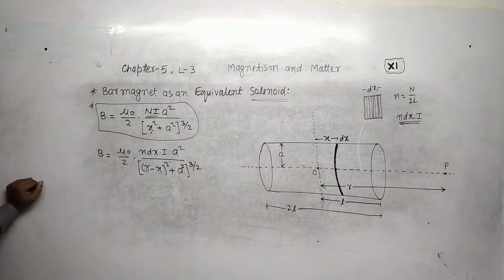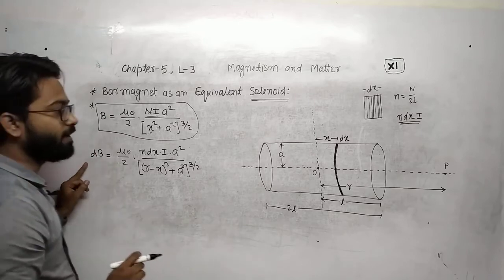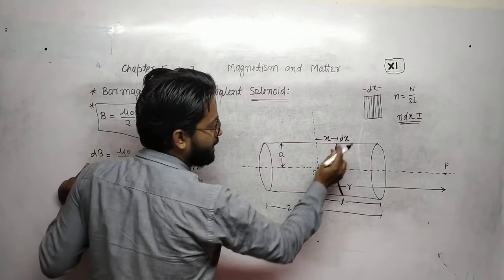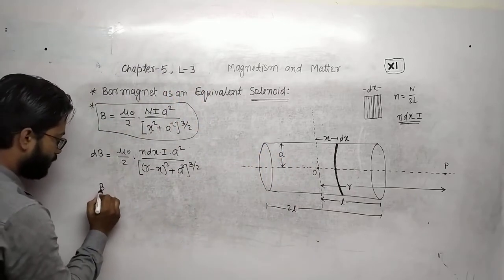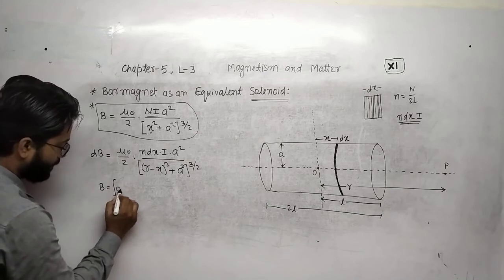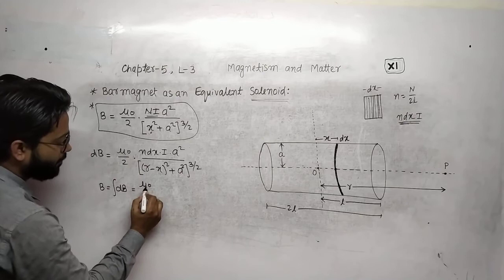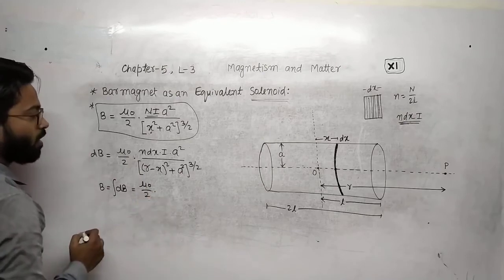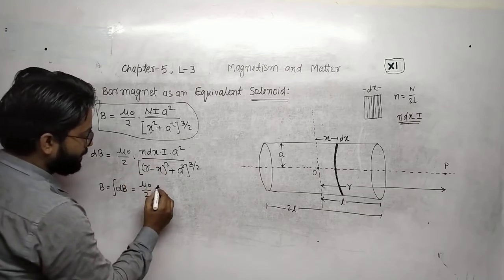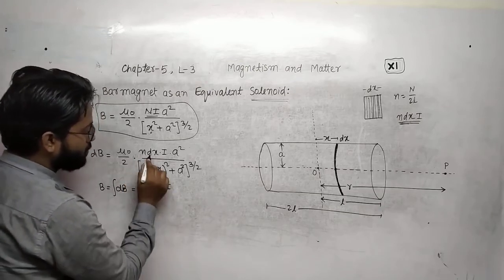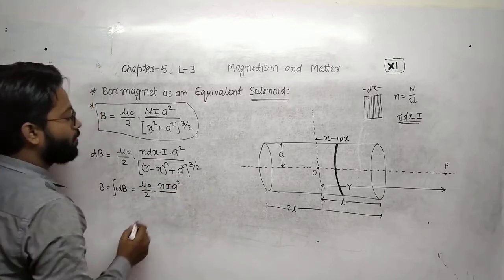Hope you are understanding. Now this is a small magnetic field, because we have taken a small strip. If you integrate, for the total magnetic field, dB equals, constants are mu naught by 2, n dx, and dx is not constant, n I A square upon.